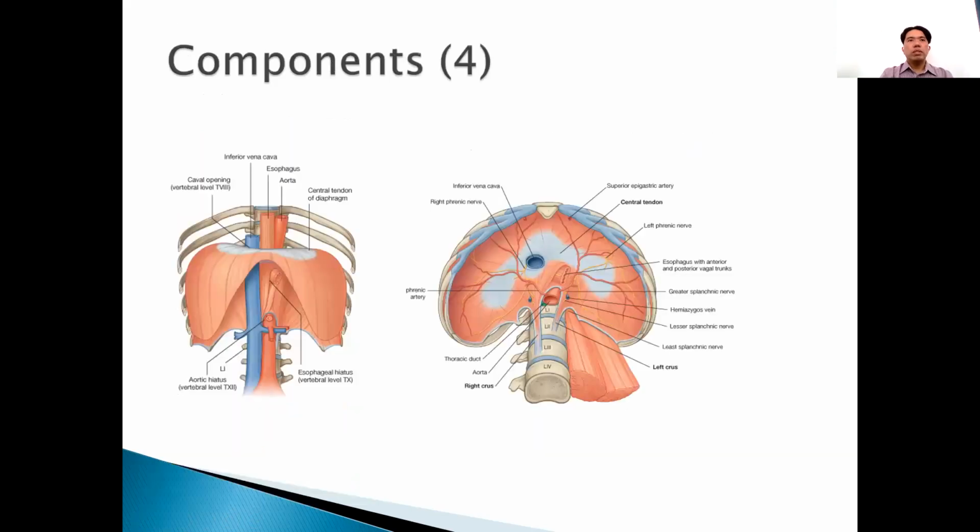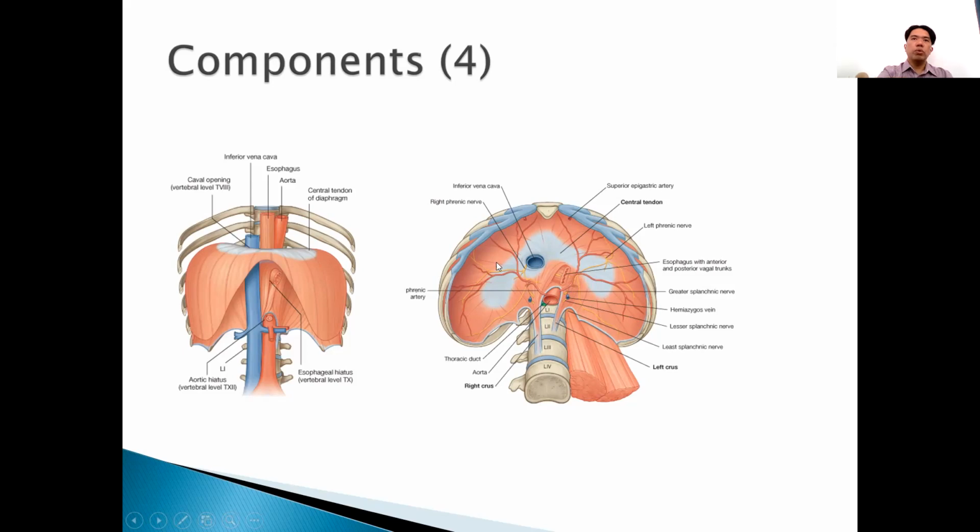So the components of these would be your musculotendinous unit. You should be able to see openings. Openings mean what would be the organs passing by these openings. So here you have the inferior vena cava. You have the crux of the diaphragm, the right and the left crux where the esophagus passes, and the aorta.